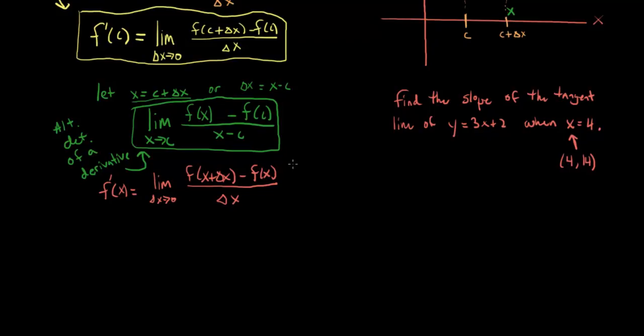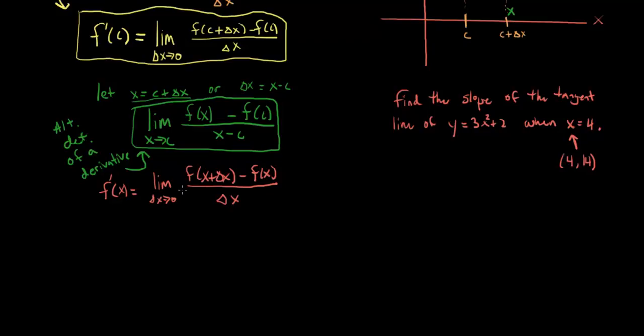What that'll do for us is allow us to find the slope. In this particular case, the slope is going to be a single number regardless of what definition we use, because this is a linear function and the slope is constant. So let me change that a little bit to make this more interesting. Let's say 3x squared plus 2. That way the answer will be a little more interesting.